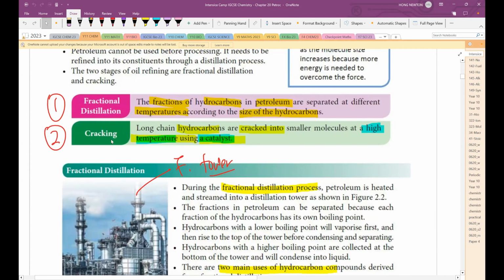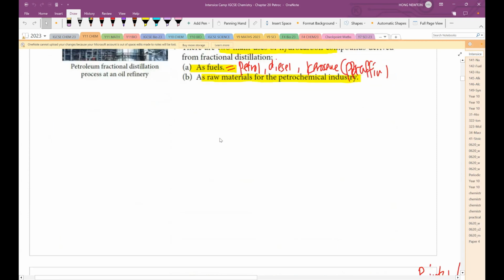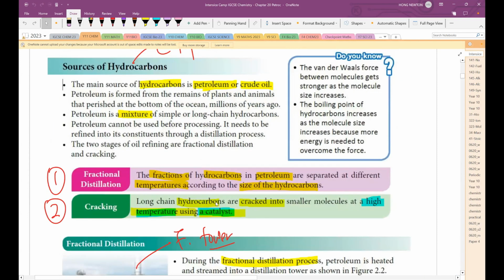The second method is cracking. Cracking uses a higher temperature and a catalyst, and it is more effective compared to fractional distillation.